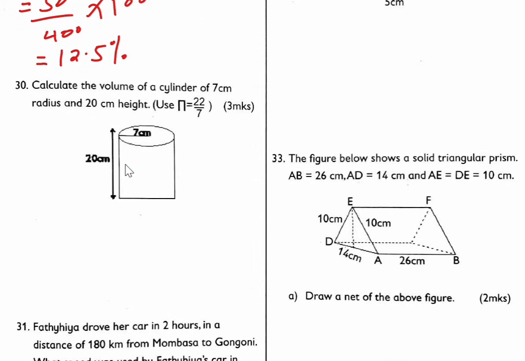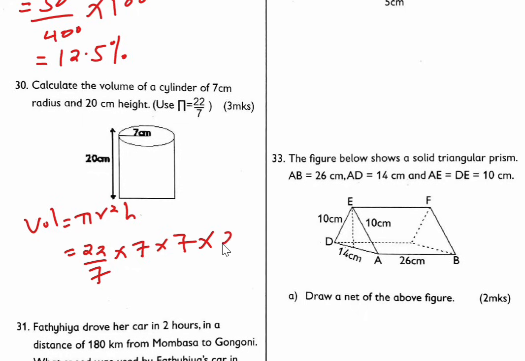Number 30. Calculate the volume of a cylinder of 7 centimeter radius and 20 centimeter height. Take pi to be 22 over 7. Another simple question. You know that the volume of a cylinder is pi r squared h. So pi is 22 over 7 times the radius, 7, times the height, 20. The 7s cancel, so it is 22 times 7 times 20.